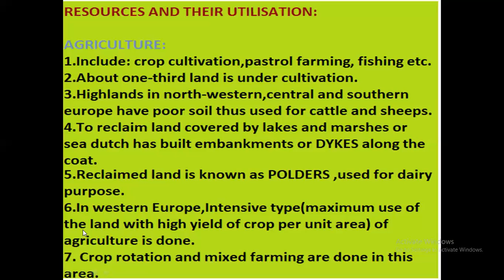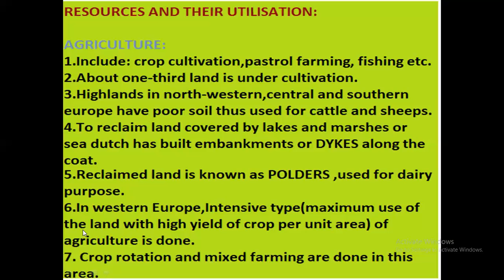In the case of Western Europe, intensive agriculture is basically practiced. What is the intensive type? In intensive agriculture, the maximum use of land is made, with a high yield of crop per unit area.